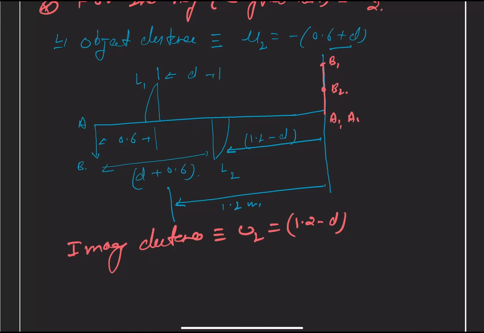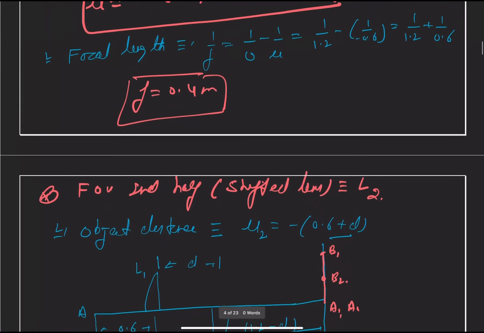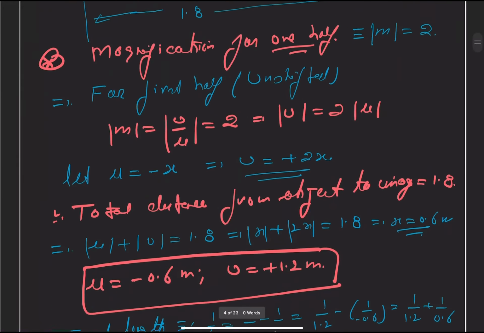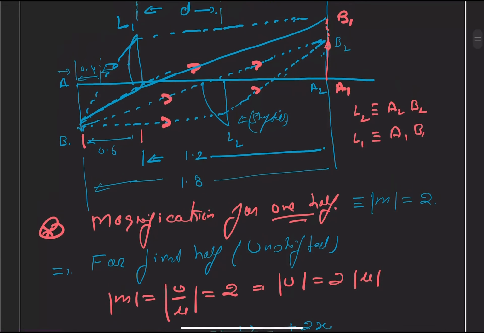And the focal length of both the lenses is our 0.4. So we can also draw the distance of the second one will be about 0.4, that is the focal length, because both the lenses are the same. One second, here I drew it wrong, this has to be with respect to the lens.